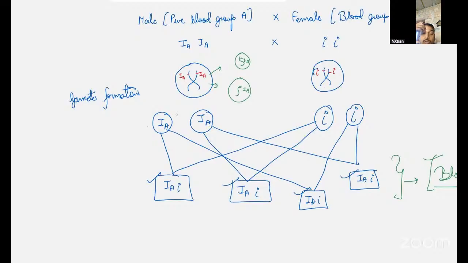So now you should know, if a person has blood group O, who can donate to O? If a person has blood group O, who can donate to an O person? O only. Okay? Because both antibody A and antibody B are there.